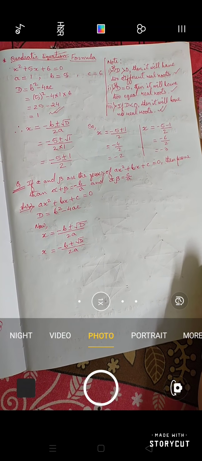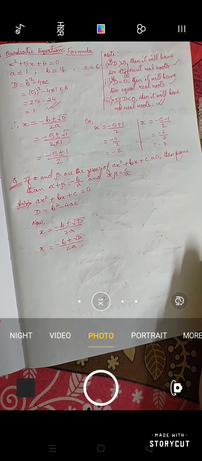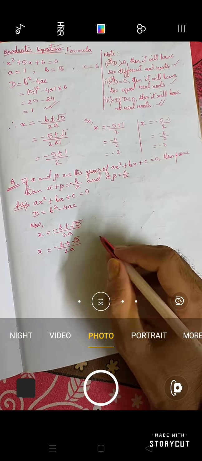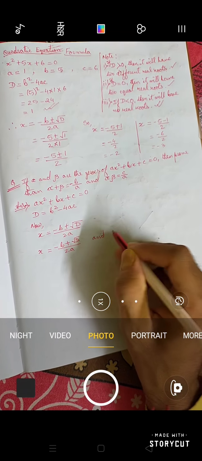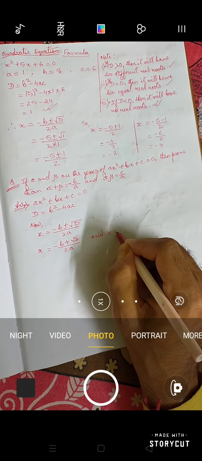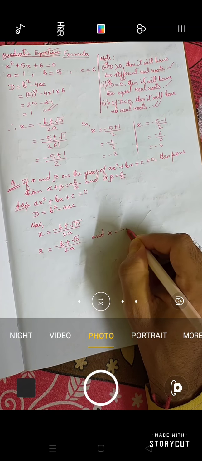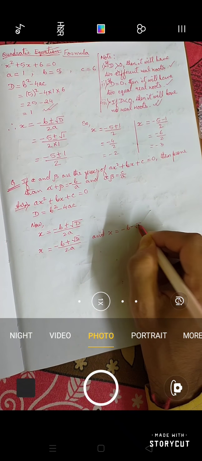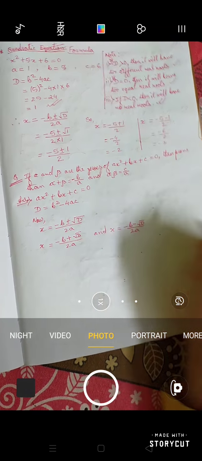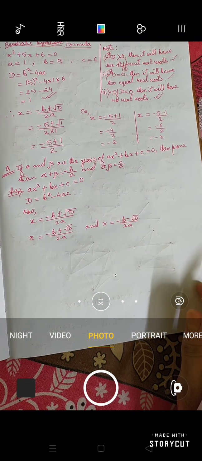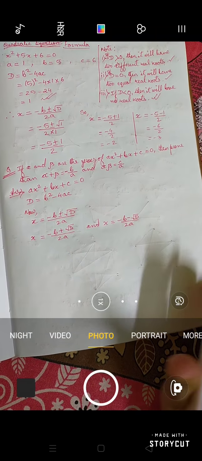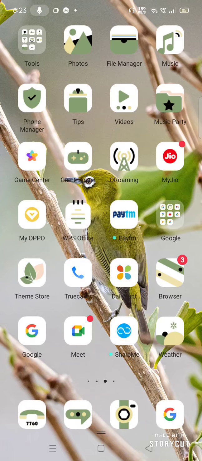Can we say this way? Correct or not? And another one, can I say that x is equal to minus b minus root D by 2a? Is it clear to everyone?